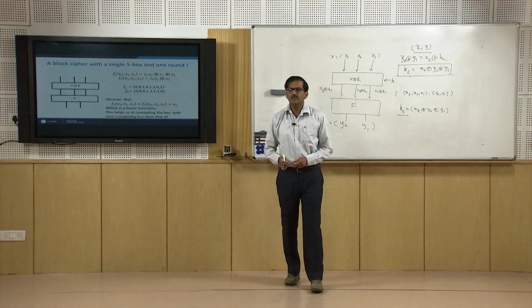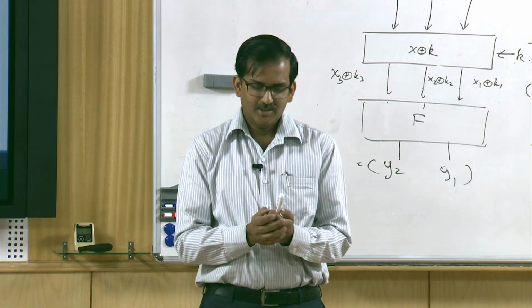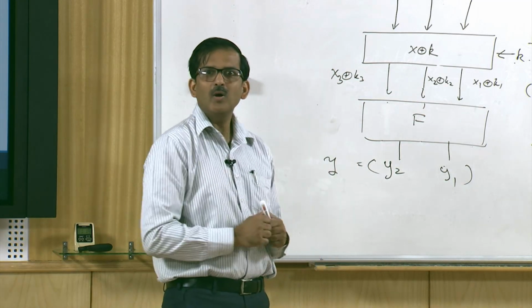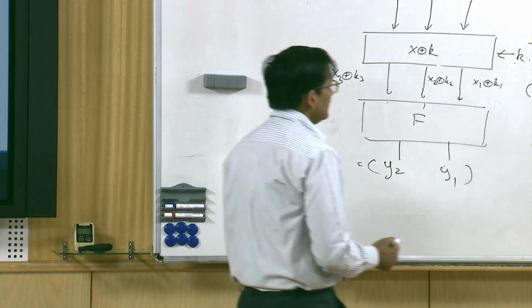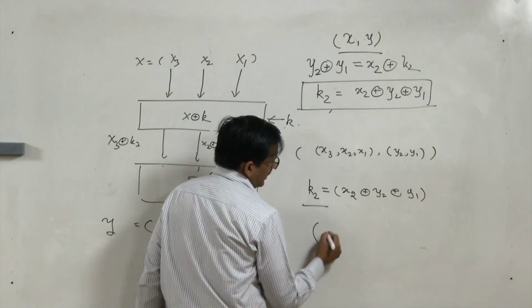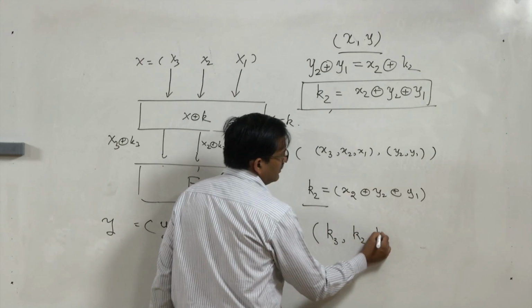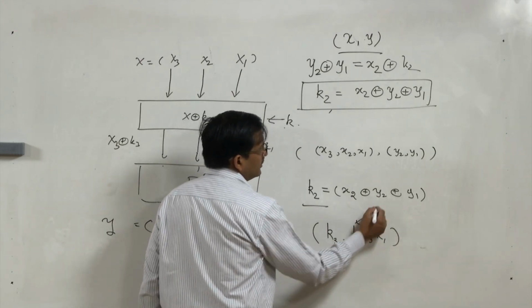I can always evaluate K2. Once I evaluate K2, when I am searching over all the keys, one coordinate of the key is known to me. K3, K2, K1 is the key string, and K2 is known.